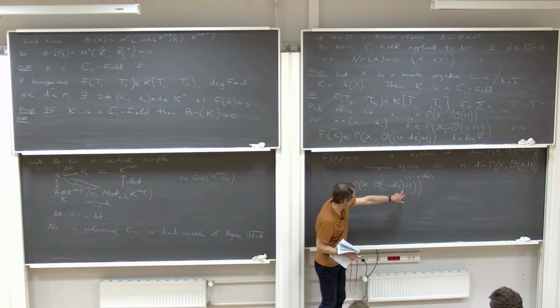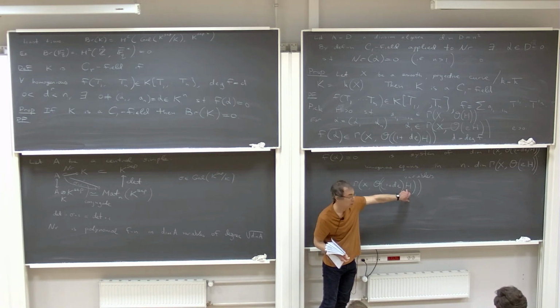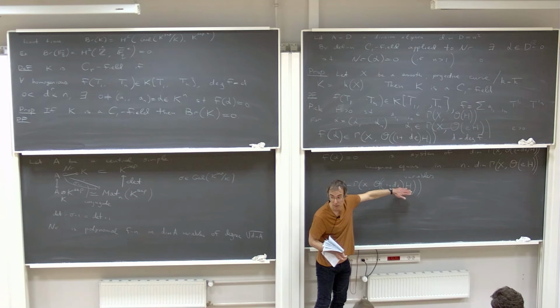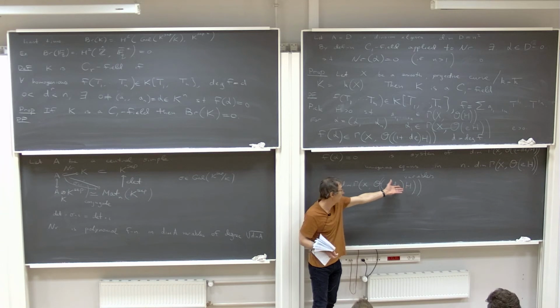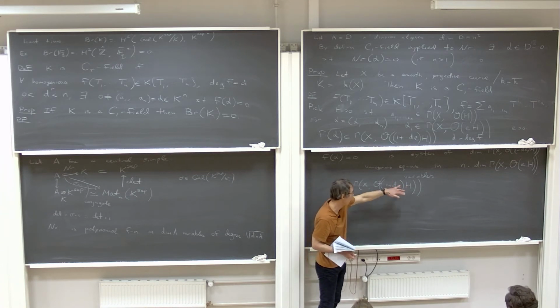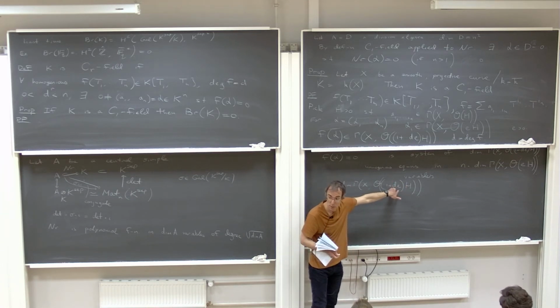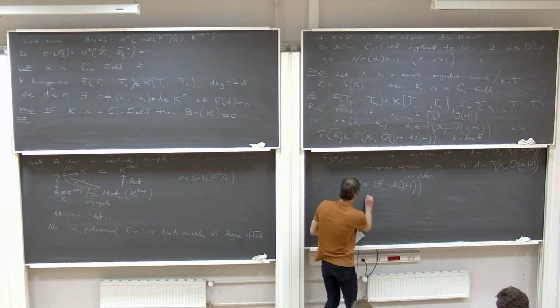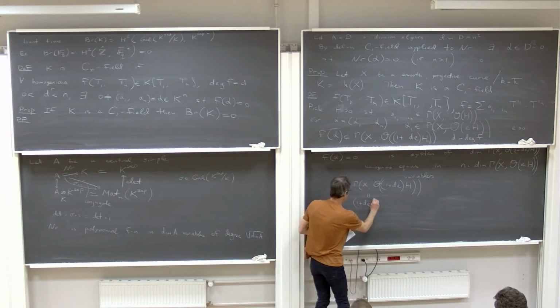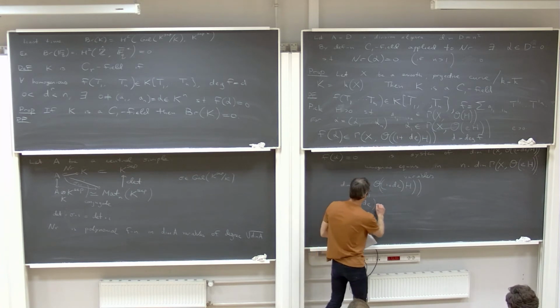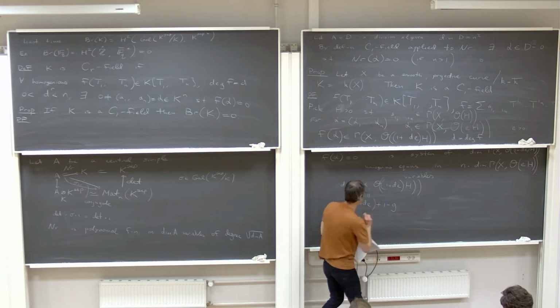But when H is very ample, or when E is large enough, this will have trivial higher cohomology groups. So Riemann-Roch actually computes this. It is equal to the degree, 1 plus d times E times degree of H, which I will denote by a constant, plus 1 minus g, where g is the genus.